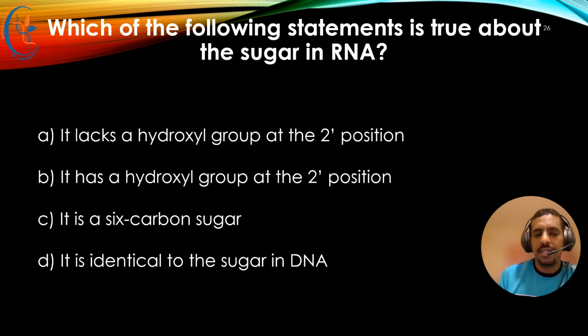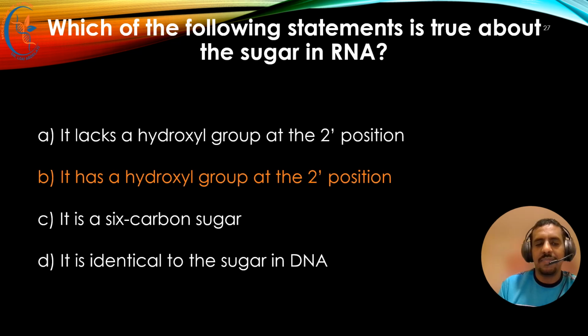So the correct answer is B. It has a hydroxyl group at the 2' position. Actually, this is the defining feature of the ribose sugar in RNA, distinguishing it from the deoxyribose in DNA, which lacks the hydroxyl group at the 2' position, as I said earlier. All right?